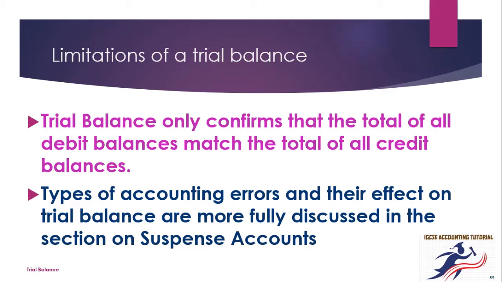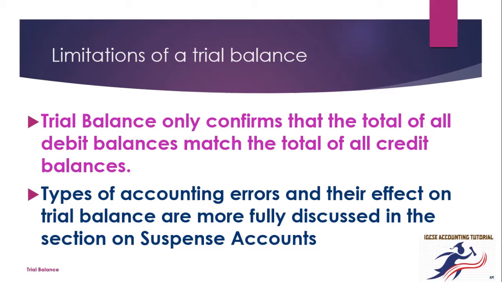Now let's have a look at the limitations of a trial balance. What are the limitations actually? It has some limitations. Among them, the first limitation of a trial balance is that it only confirms that the total of all debit balances matches the total of all credit balances.